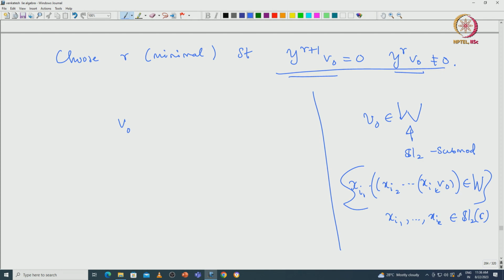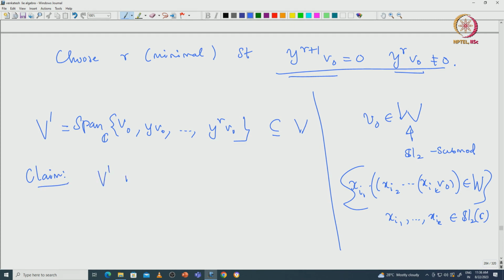You take this space, which is the span of V naught, y V naught and so on up to y power r V naught. This sits inside V. Call this V dash. We claim that this is going to be the submodule generated by V naught.